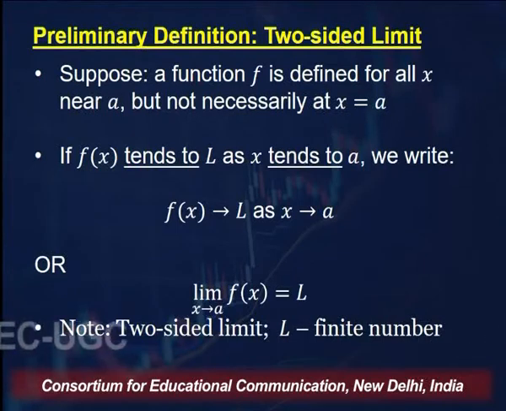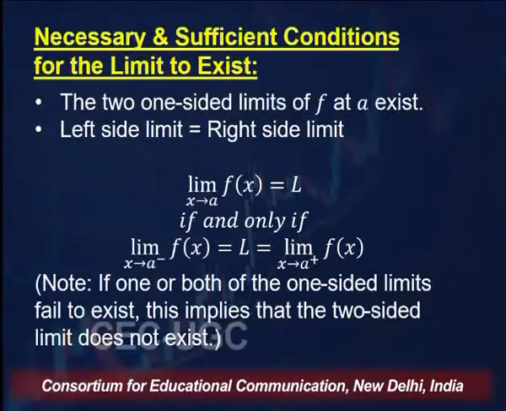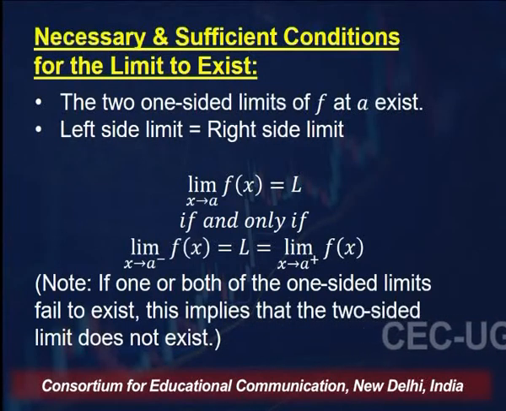In fact, this particular set of conditions leads us to the necessary and sufficient conditions for the limit to exist. So these are important. These conditions are, first of all, that the two one-sided limits of the function at the point a must exist.